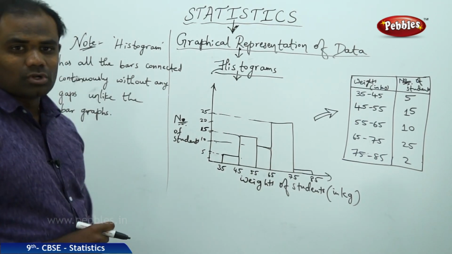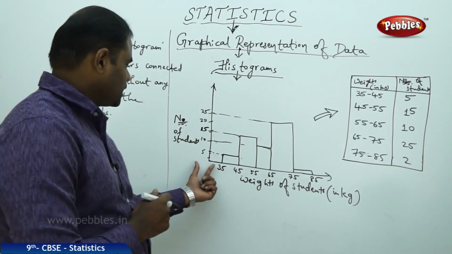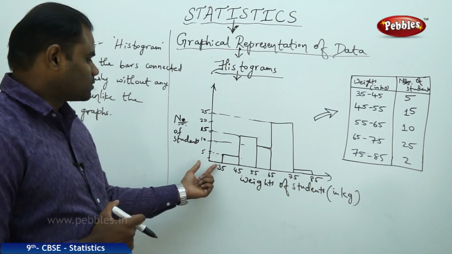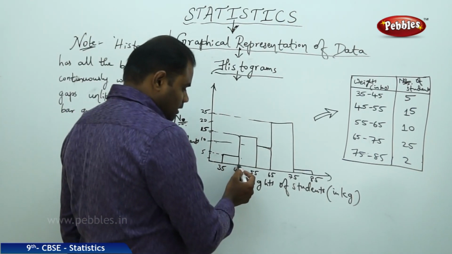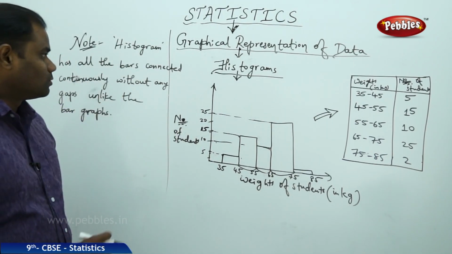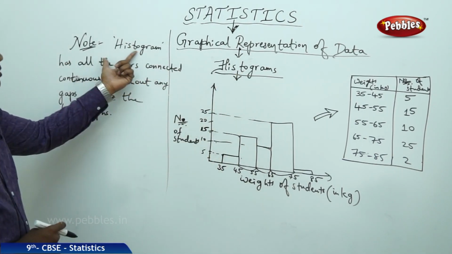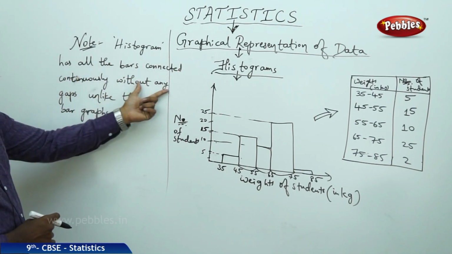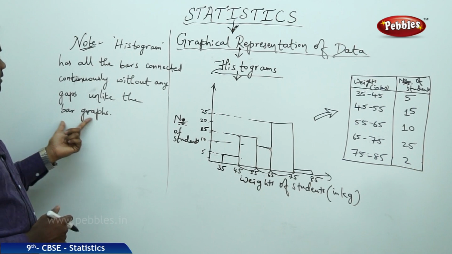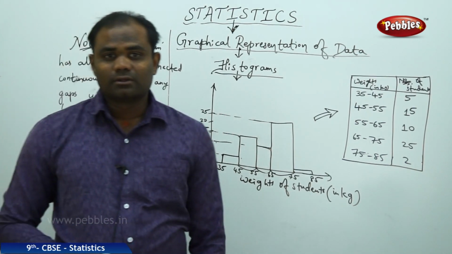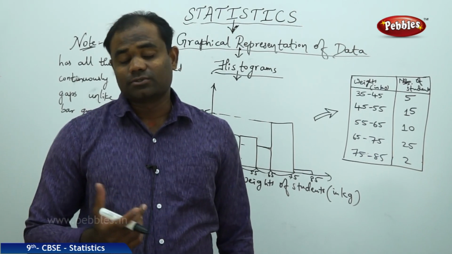It's very important to note that in bar graphs we had gaps in between, but when we take the histogram, there is no gap, but they are continuously developed until the last. So the one major difference is that histogram has all the bars connected continuously without any gaps, unlike the bar graphs. Is how we differentiate between a bar graph and a histogram.